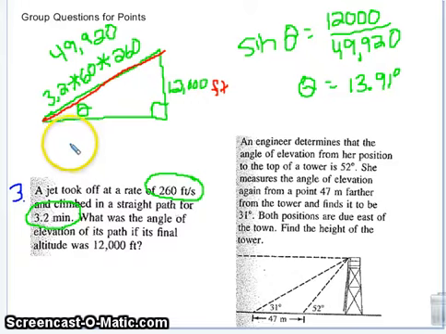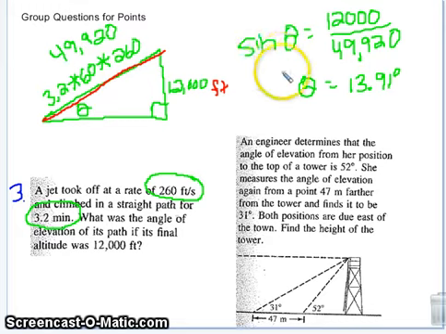So I converted my minutes into seconds by saying 3.2 times 60. That's how many seconds I've gone. And then I multiplied by the 260 feet per second, which gave me a hypotenuse of 49,920. From then, I just used my sine of opposite over hypotenuse, and I got an angle measurement of 13.91 degrees.